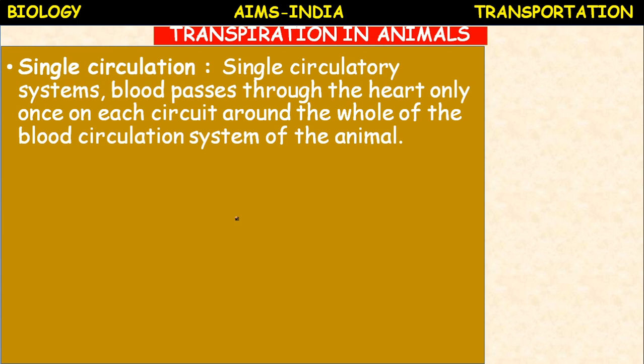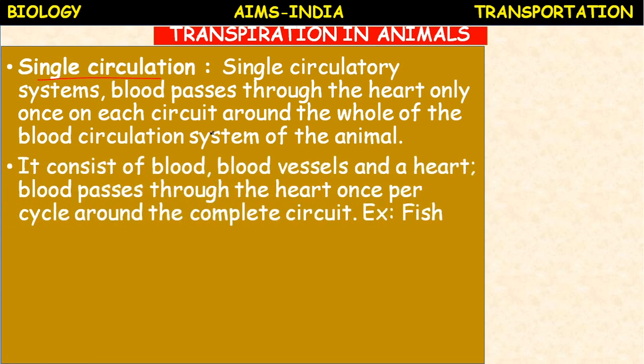Single circulatory system, here what happens means the blood passes through the heart only once on each circuit around the whole of the blood circulation system of the animal. So this type of circulation is observed in fish. It consists of blood vessels and a heart.